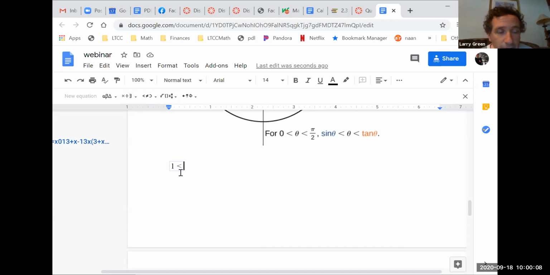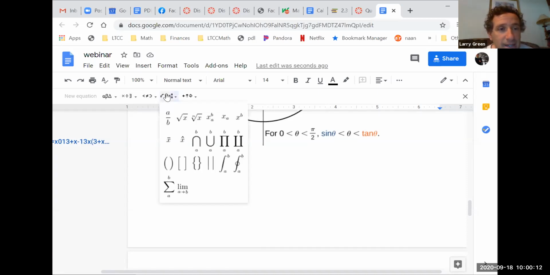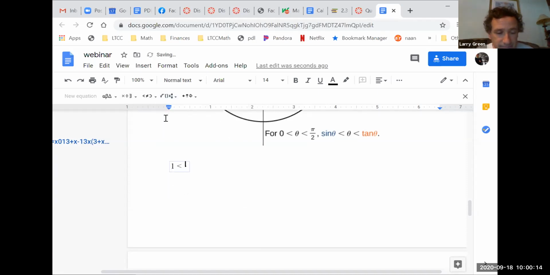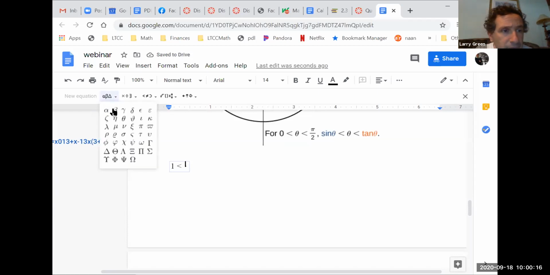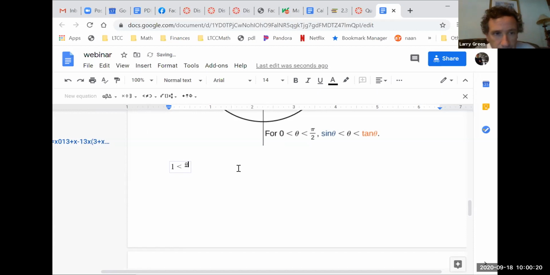So we can say 1 is less than, well, we're dividing by sine of theta, so that becomes theta over sine of theta.